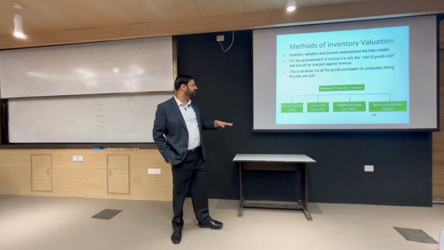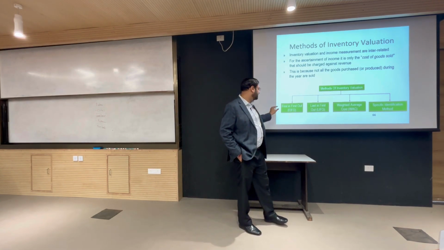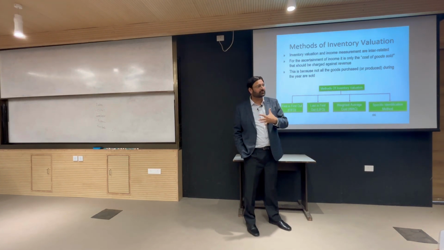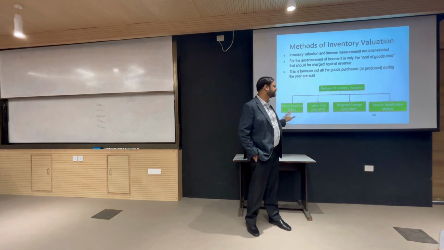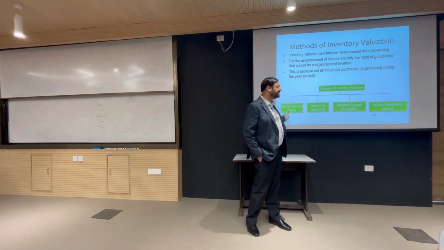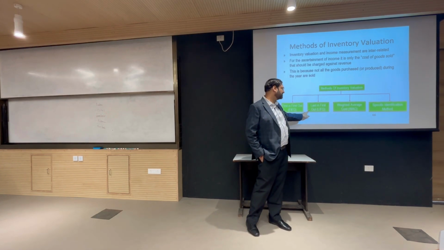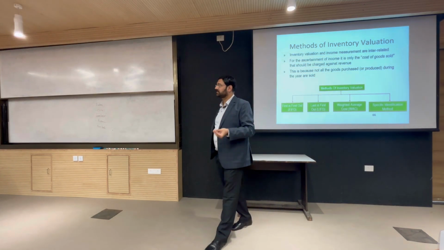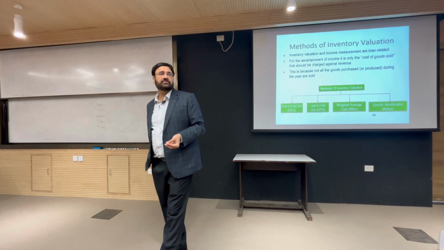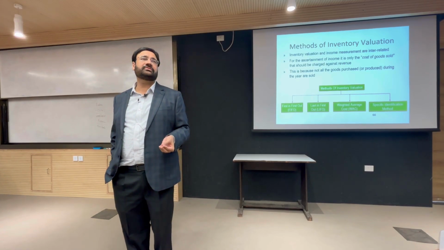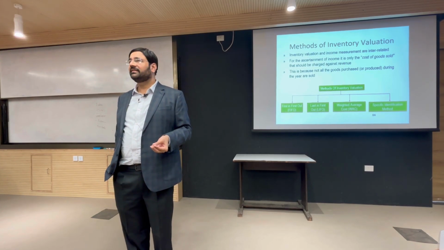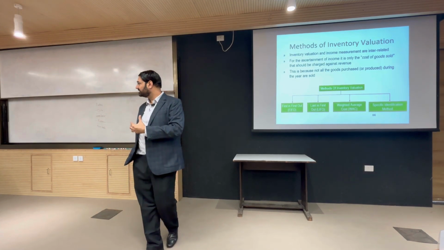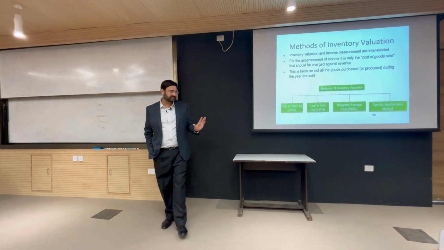And how do we value inventory? There are many methods, but for the purpose of this course, we will have 4 methods. First in, first out method, last in, first out, weighted average and specific identification. First in, first out means the goods that came in first were sold first.